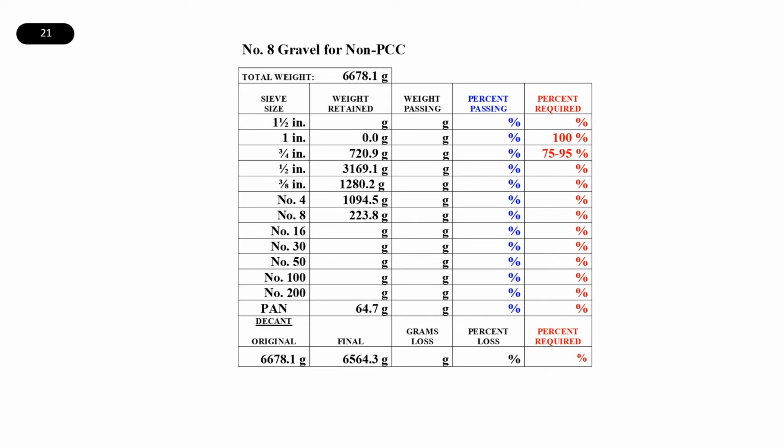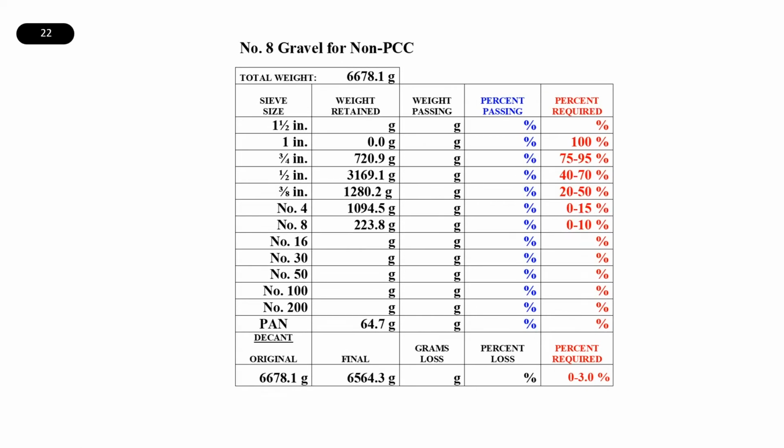The 3/4 inch sieve is required to have 75 to 95% passing. The decant requirement of 0 to 3.0% comes from the next to the last row of the specification table in 904.03, labeled decant (non-PCC), meaning aggregate not used in Portland cement concrete.